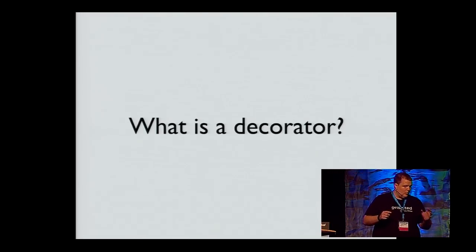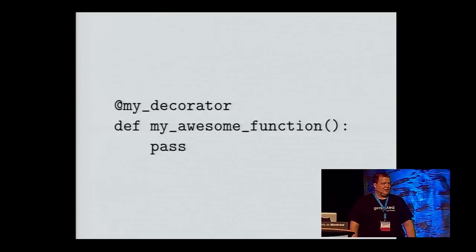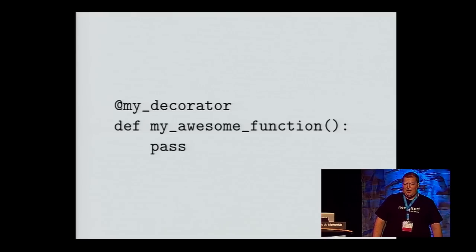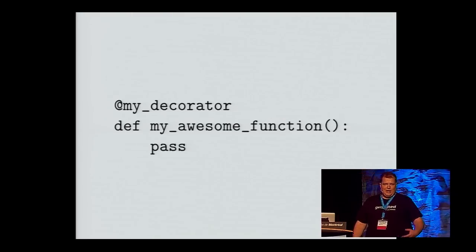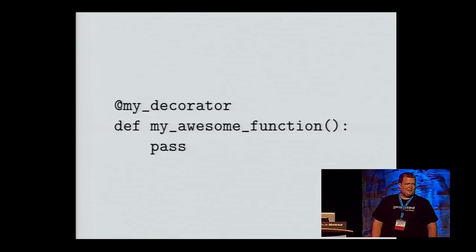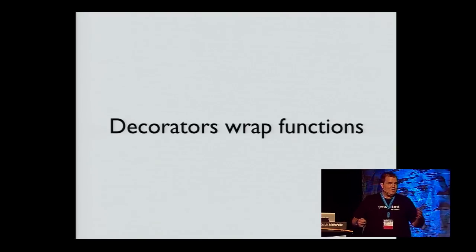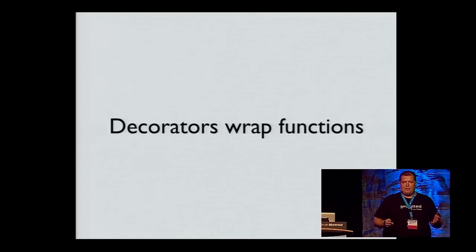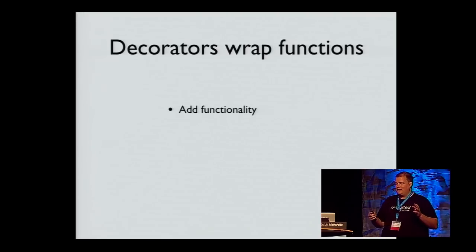So what is a decorator? We've probably all seen the basic syntax of a decorator. We have my awesome function here, and it doesn't do anything. On top of it, we apply a decorator using this at syntax. So what is it actually doing? Decorators at the most basic level wrap functions. And this can mean a variety of things.